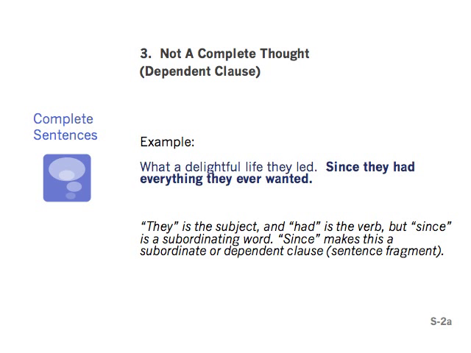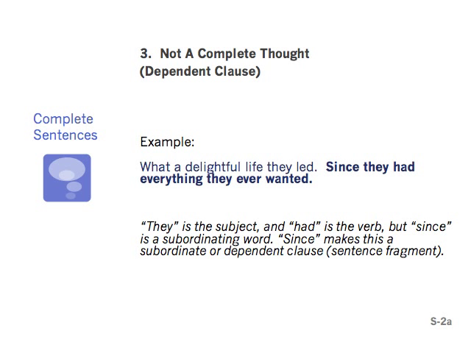Perhaps the most common cause of a sentence fragment is the use of a dependent thought in place of a complete thought. What a delightful life they led. Since they had everything they ever wanted. In the second of the two sentences here, they is the subject and had is the verb.